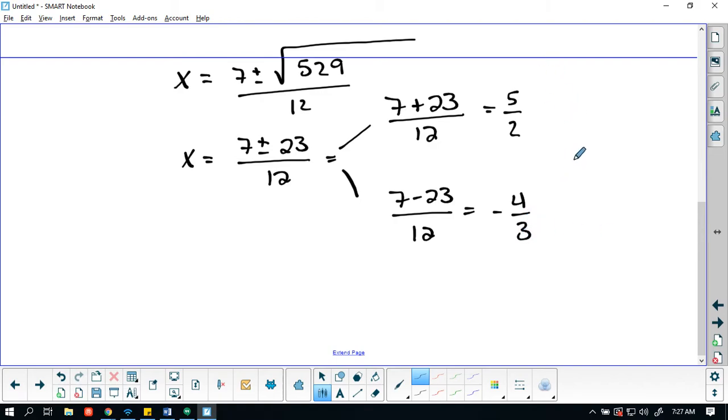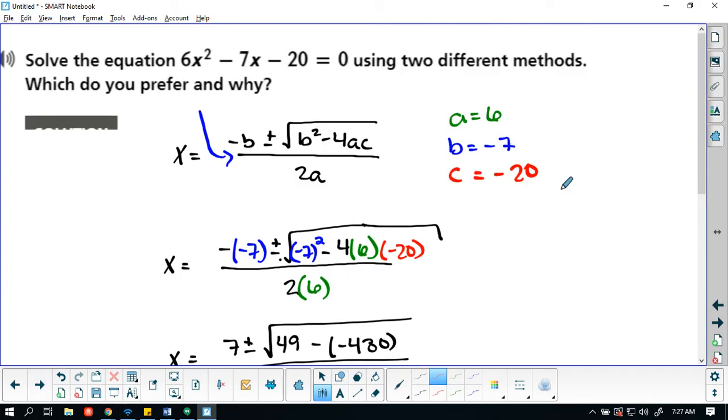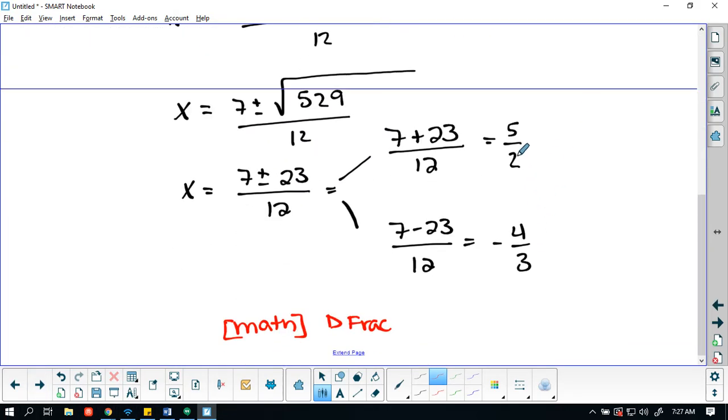I use the math key and then frac, and then I chose an arrow to get my fractions so that we could match the answers to what we did before. So looking at what we did before, we do have -4/3 and 5/2 here. And we got the solutions here, -4/3 and 5/2.